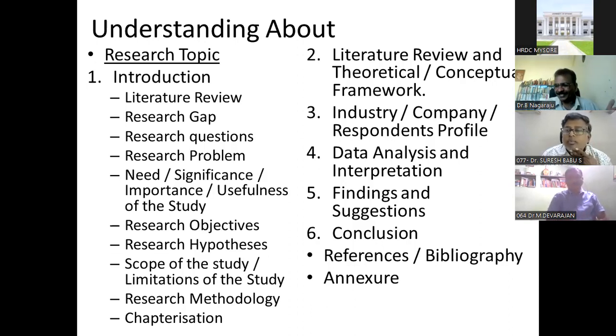Likewise, that is the thing we are going to consider for the other data, the study factors, which may have descriptive statistics as well as correlation or regression, even ANOVA, MANOVA, like that we are going to apply. These are all we are going to consider under data analysis and interpretation.